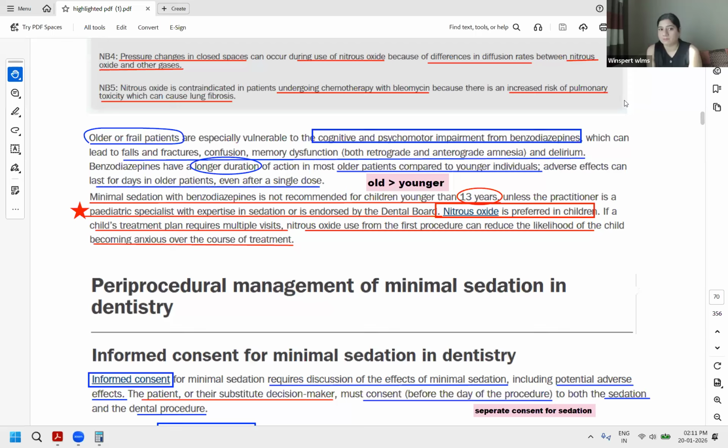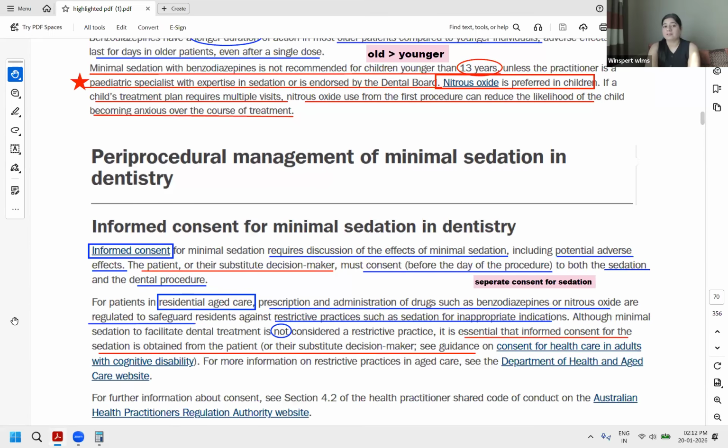So do not give. Choose nitrous there also. Minimal sedation should not be given in younger children below 13 by BDZs, only with nitrous. Now, in your residential care patients, BDZs and nitrous are kind of restricted, but for the dental treatments, you can still give them safely.